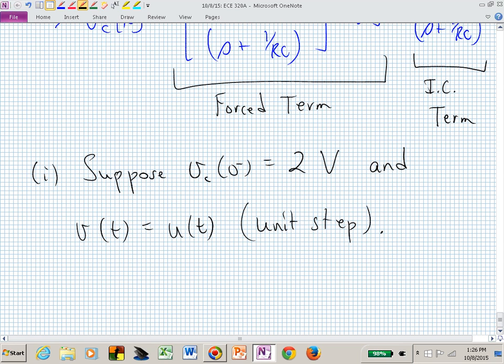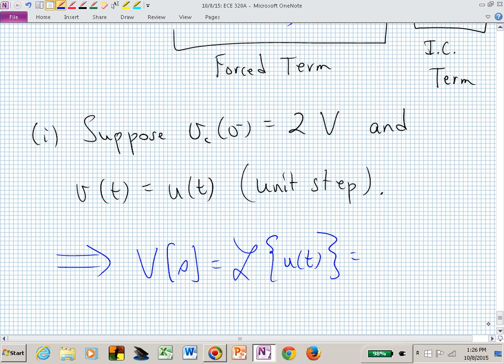What's the Laplace transform then of our source? That's capital V of s. That's the Laplace transform of the unit step, and we've derived that, haven't we? And it's in a table now. What's the Laplace transform of u of t? That's 1 over s.